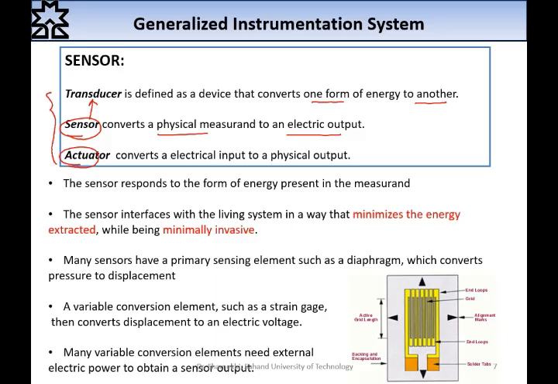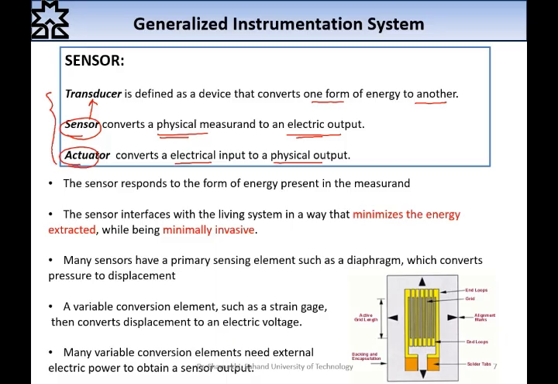The reverse way of the sensor. Electric output was the output of the sensor, and here the electrical signal is the input of the actuator, and the physical signals, physical data was the input of the sensor, and here physical output or physical signals are the output of the actuator.